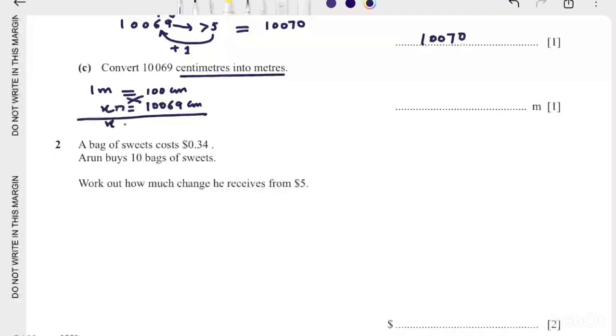So x times 100 is equal to 10069, so we divide by 100. 10069 divided by 100 would be equal to 100.69. This is the answer.